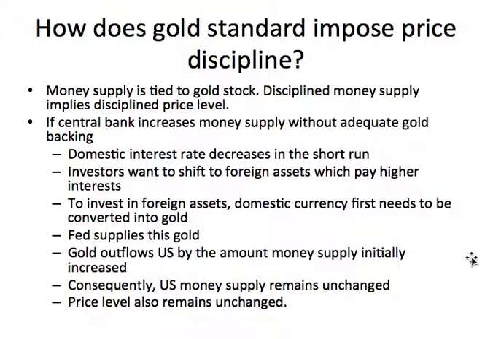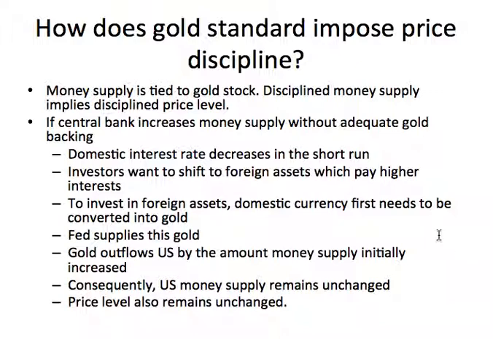Even though the money supply increased initially, it led to a decrease in the interest rate, which encouraged the investors to take their money away from the US to other countries where assets are paying higher interest rates than US interest rates. So essentially, gold goes out of the US because of all these events.